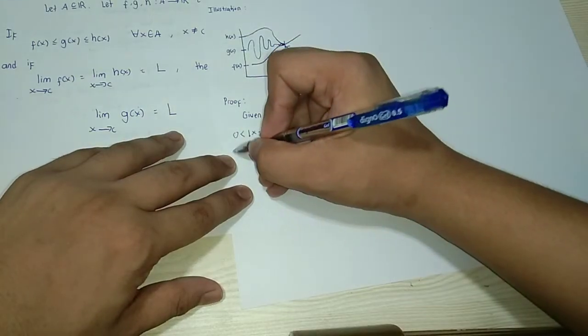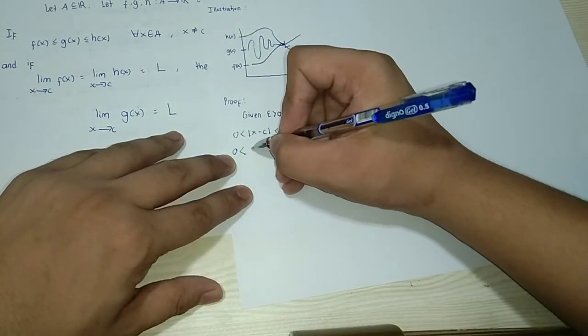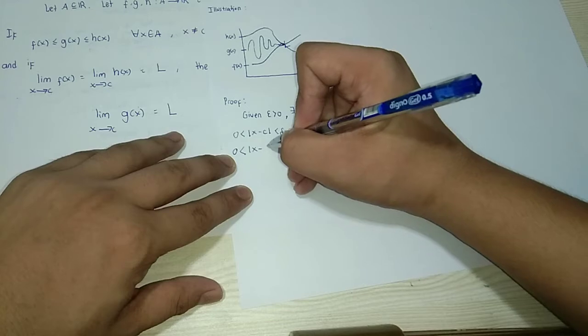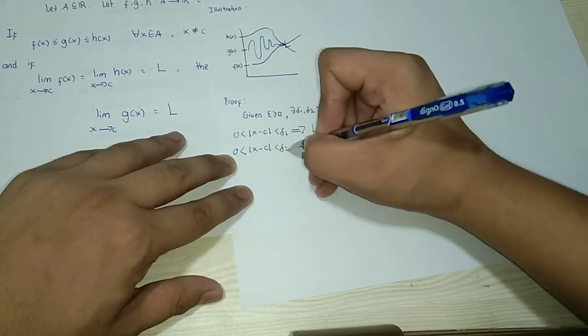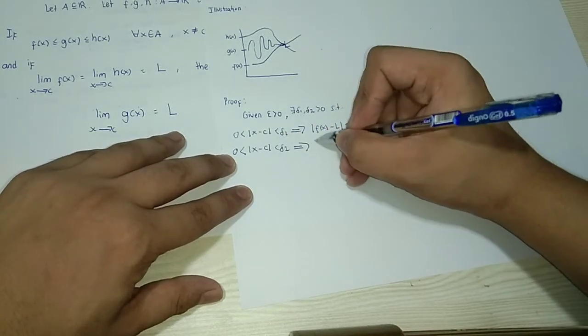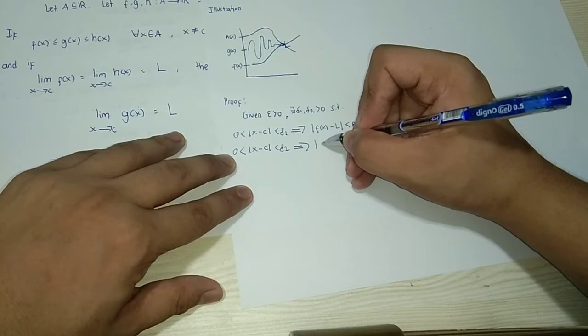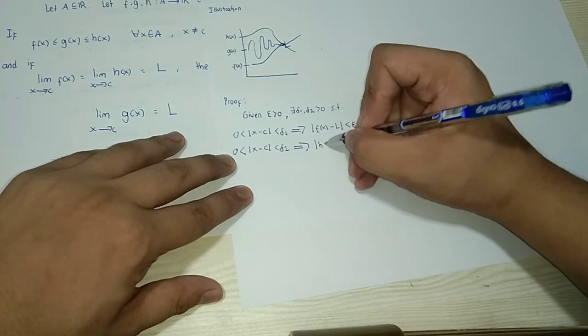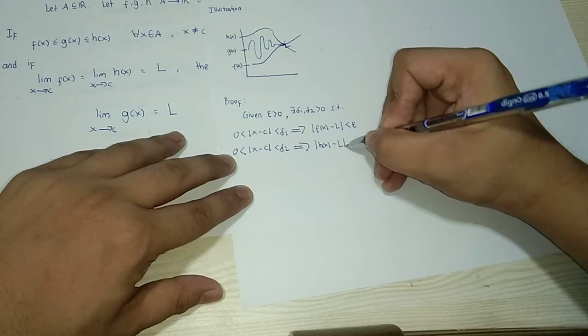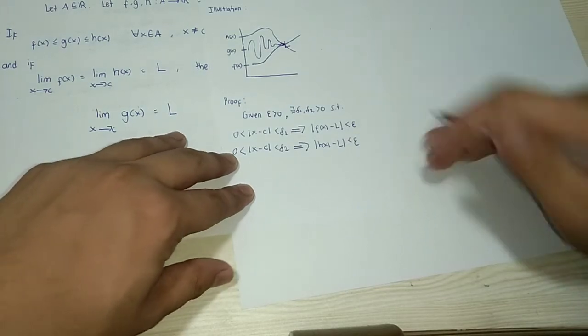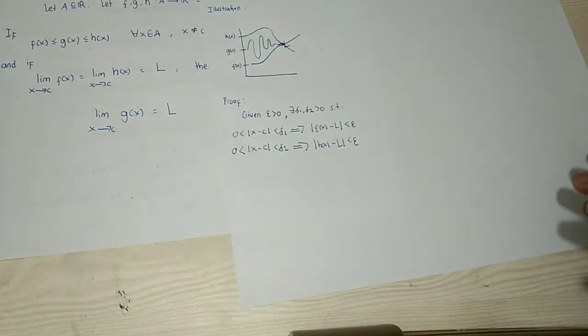And then sa kabilang side, 0 less than absolute value of x minus c less than delta 2 implies absolute value of h of x minus L is less than epsilon.